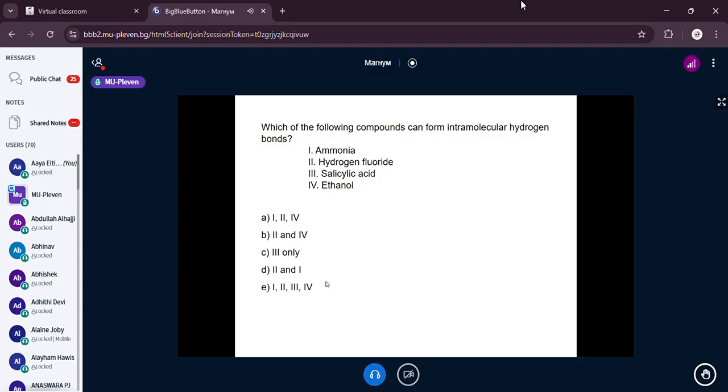Correct. Thank you very much. I gave you this example several times. This compound is able to form intramolecular hydrogen bonds.